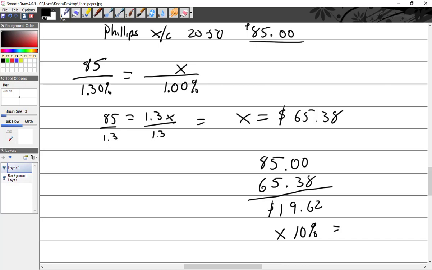Wow. Take away 10%. So what did you make? $1.96. Sounded like a good deal to begin with, didn't it?